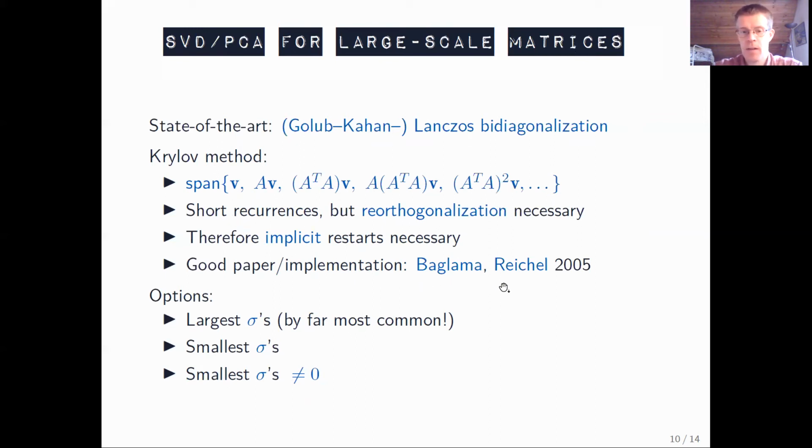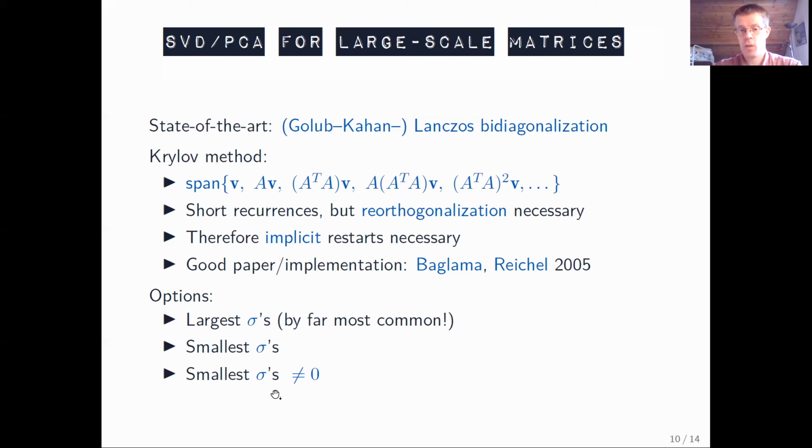Here, for instance, this paper is kind of the state of the art. It's a nice implementation. As said, sometimes you use block methods. So this V is in fact not so much a vector, but a block of vectors. For instance, if you want a rank 10 approximation, why not take 10 vectors in the beginning and go with that? Most of the codes have the option of computing the largest singular values, but also sometimes the smallest, and they can be 0.